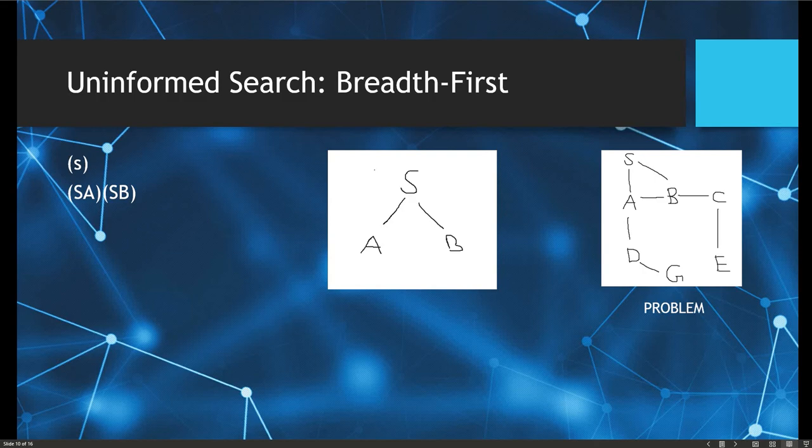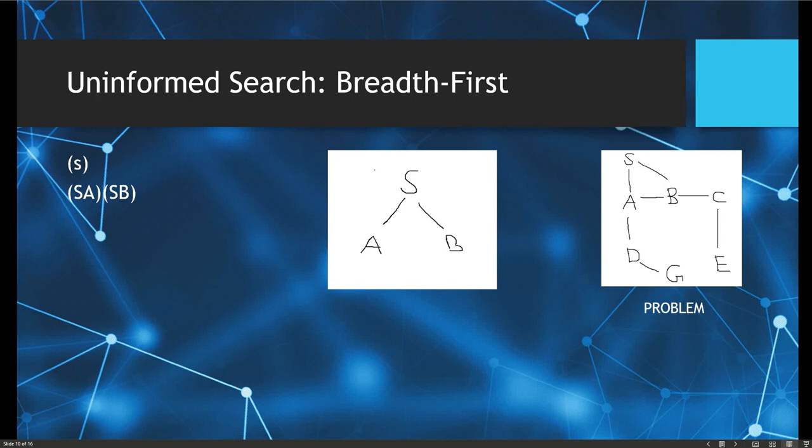And breadth first basically means for each node of a parent node. The parent node is S here and its child nodes are A and B. So for each node, we calculate the possible actions or paths one by one. So breadth wise.